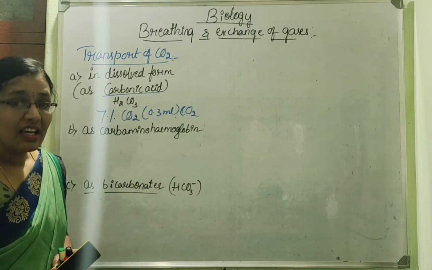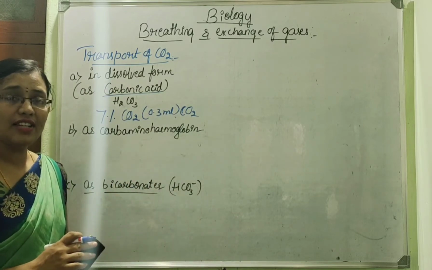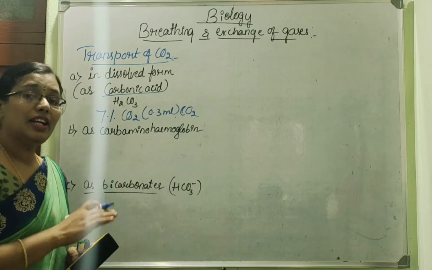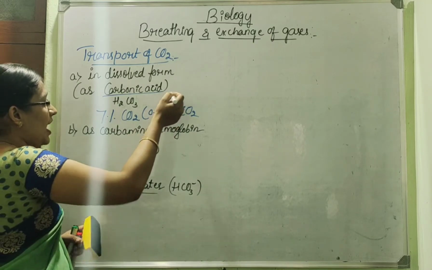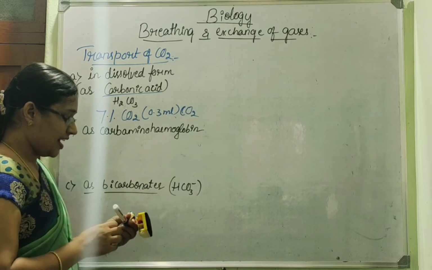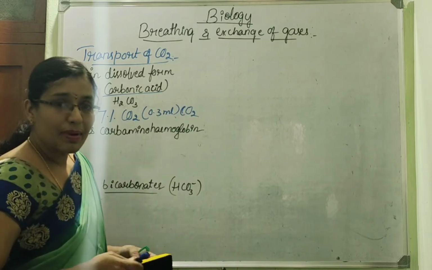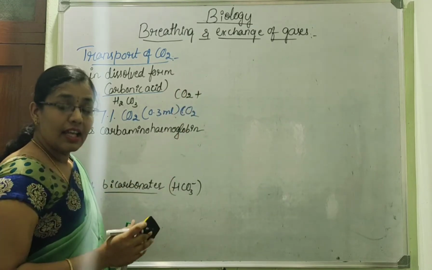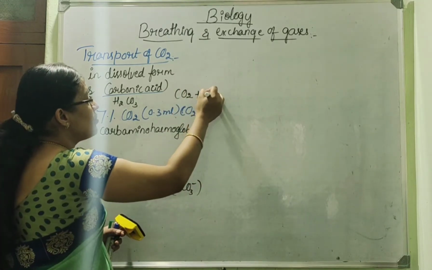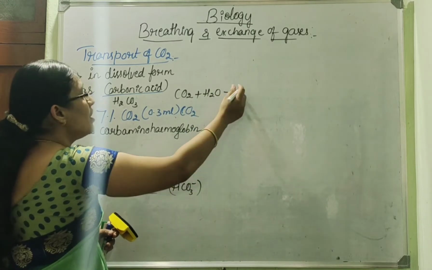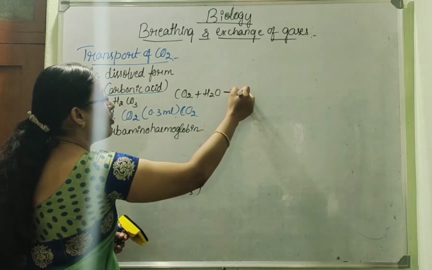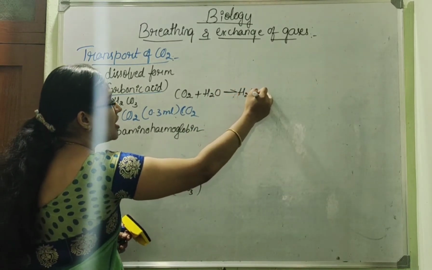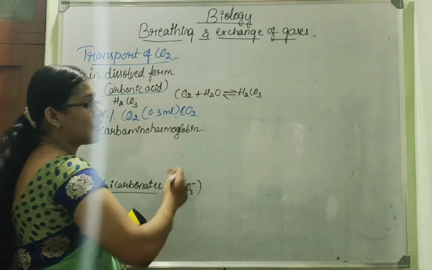That is, when this carbon dioxide is released from the tissues into the plasma, it dissolves in the plasma, and this dissolved carbon dioxide now reacts with water to form carbonic acid, H2CO3, in a reversible manner.